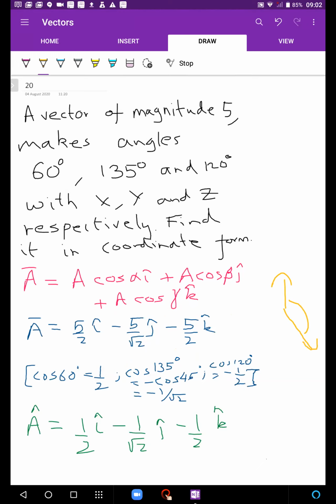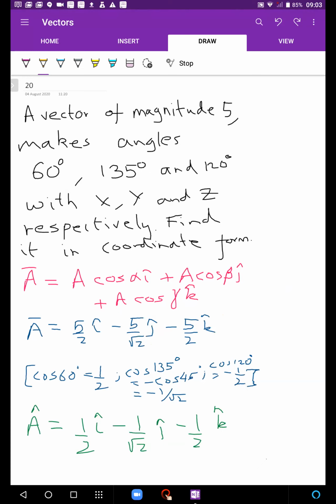Similarly, because it makes an obtuse angle with your z-axis, whatever part of it would be along the z-axis, that would be opposite z. ठीक है, x के साथ acute बनाता है, and therefore if you take its component along the x, it will be found moving along x. This part is moving opposite y, this part is moving opposite z.